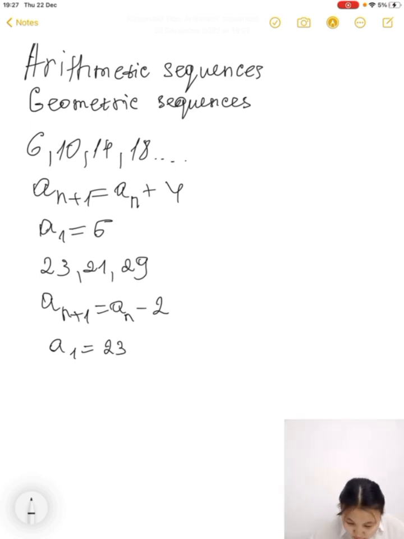In this example, the difference between consecutive terms in each sequence is the same. We call a sequence with this special property an arithmetic sequence. If d is positive, we say the arithmetic sequence is increasing, and if d is negative, we say the arithmetic sequence is decreasing.